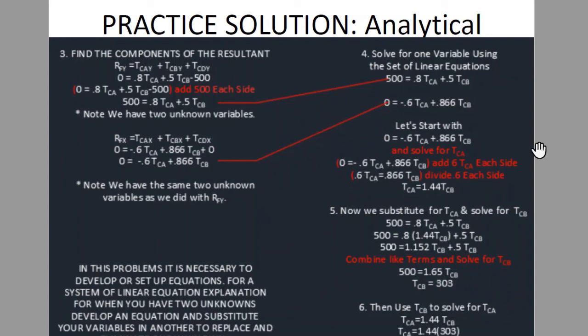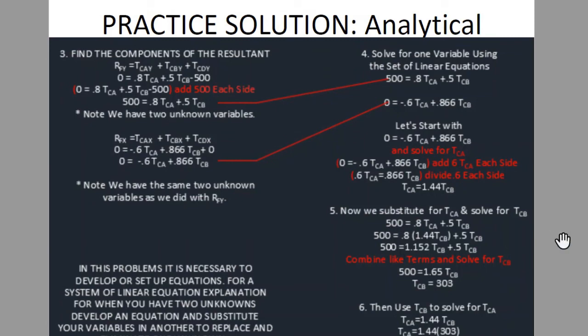So let's go ahead and start with that one and solve for TCA. We first add 0.6 TCA to each side, and then we divide by 0.6 on each side. And we find that TCA is equal to 1.44 TCB.